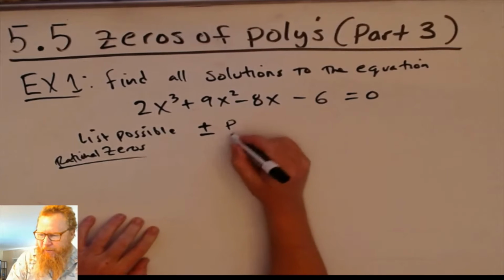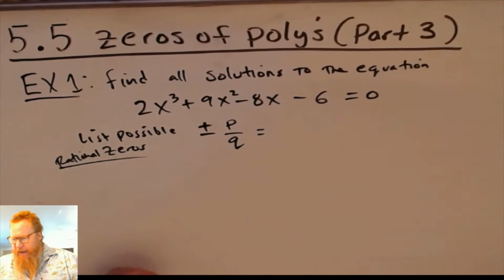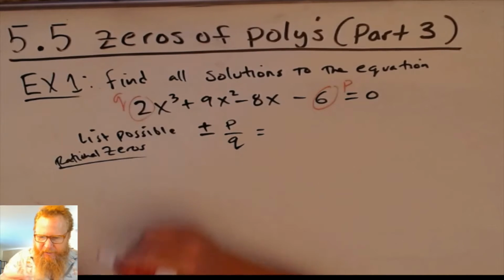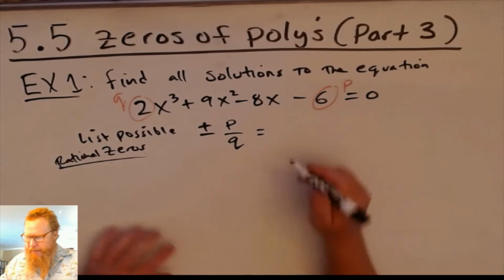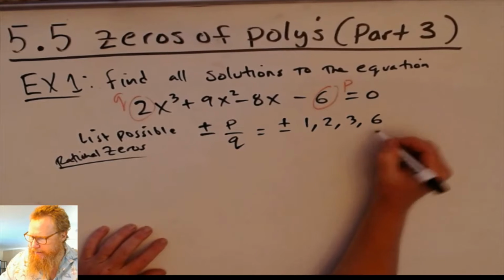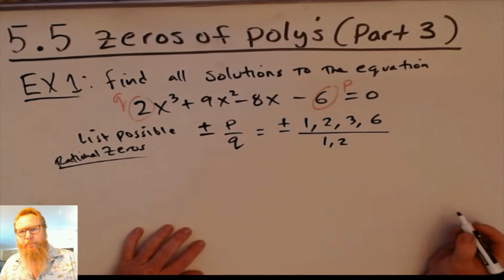Now this is the P over Q list. So P is factors of 6, and Q is factors of 2. So we got plus or minus factors of 6: 1, 2, 3, and 6. And then we got factors of 2, which are just 1 and 2.